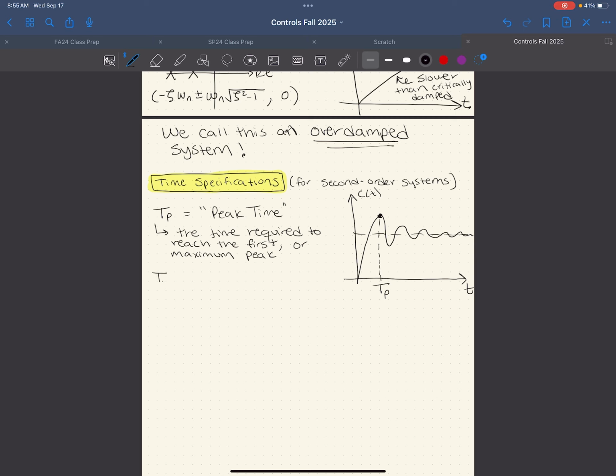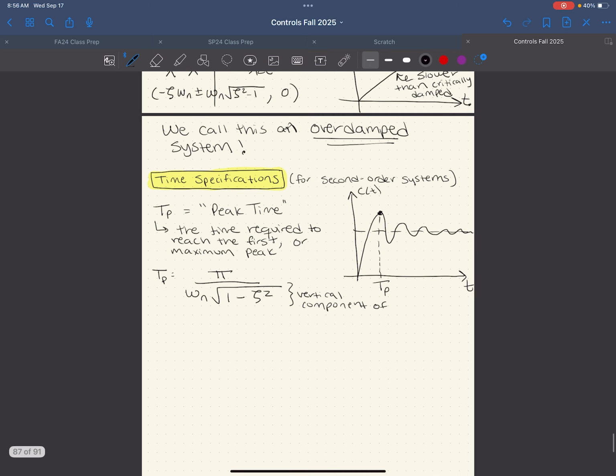Now the formula, which you do not need to memorize, this will be provided for you, is pi over omega n square root 1 minus zeta squared. And part of this formula, I'm hoping, looks a little bit familiar to you. It turns out this denominator for our peak time is the vertical component of the underdamped poles.